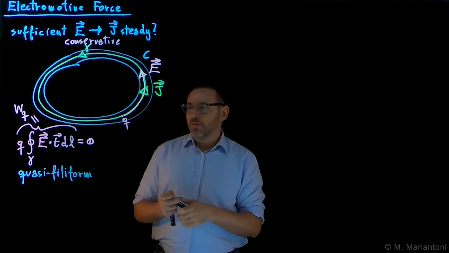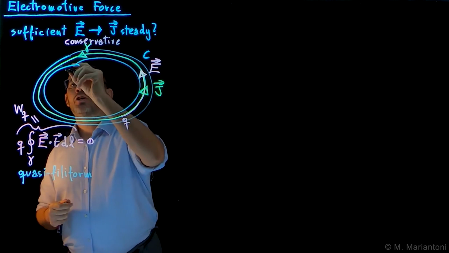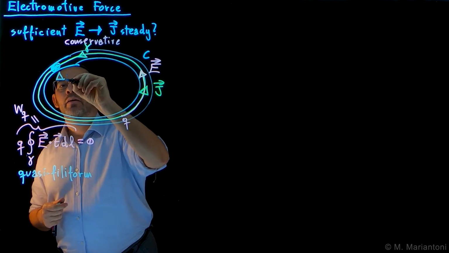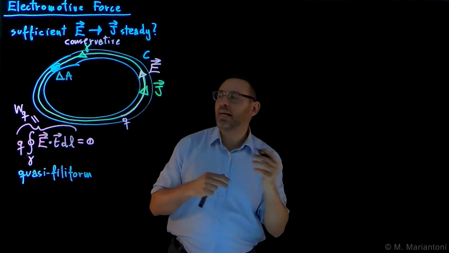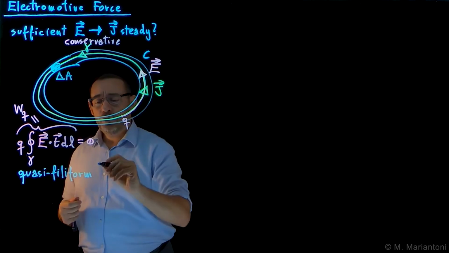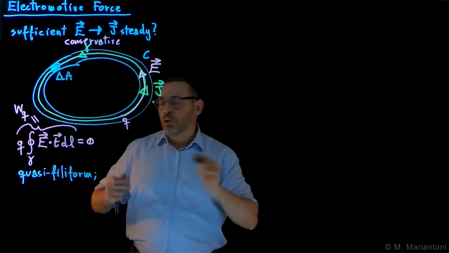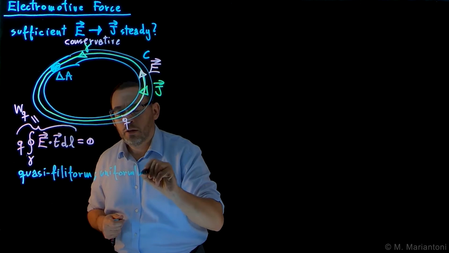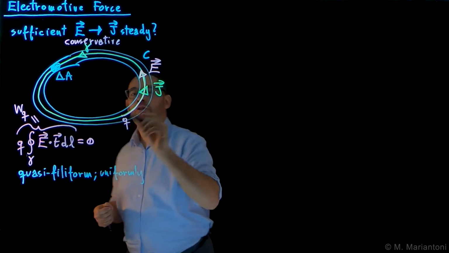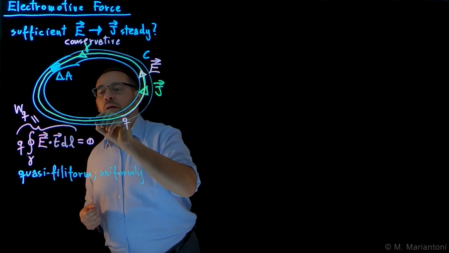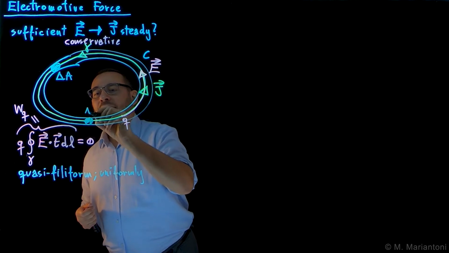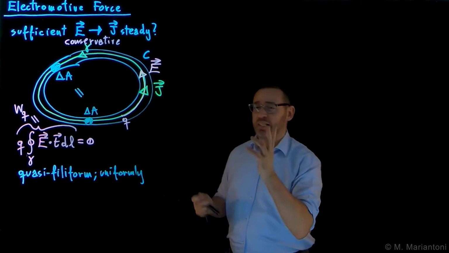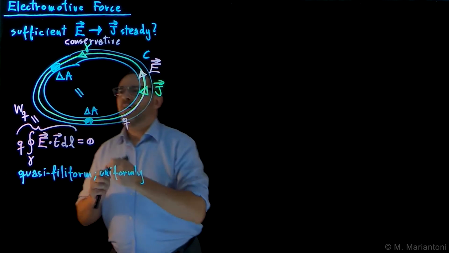So we have a quasi-filiform circuit with a cross-section delta A. In the filiform case, it would be dA, an infinitesimal quantity. Let us suppose that it is quasi-filiform uniformly along gamma, that is, this cross-section is the same everywhere. If I pick another cross-section here, it is exactly the same delta A as this one. So the cross-section is also very small.